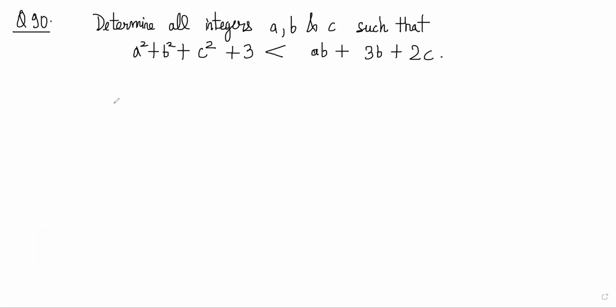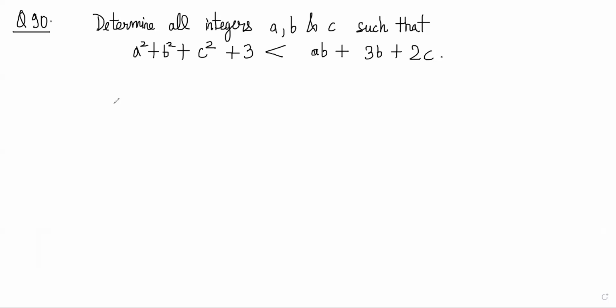So we have discussed problems like this before. There are three variables and one inequality. It's not likely that you will get a value for a, b, and c unless you do something really clever.